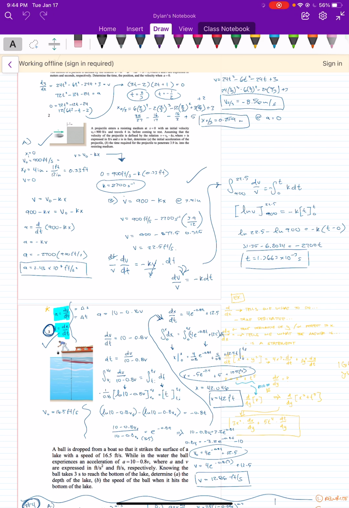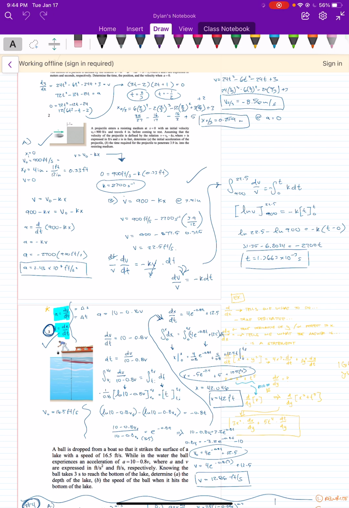Then for part B, it asks us to find the time required. So basically I had to write the velocity function in terms of derivative notation, reorganize that equation, and then take the integral of that.